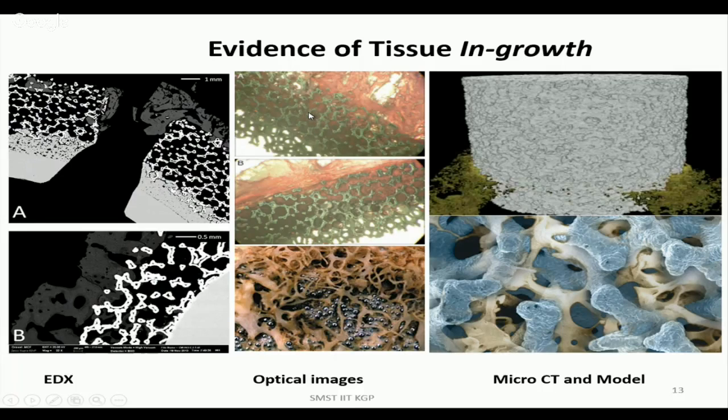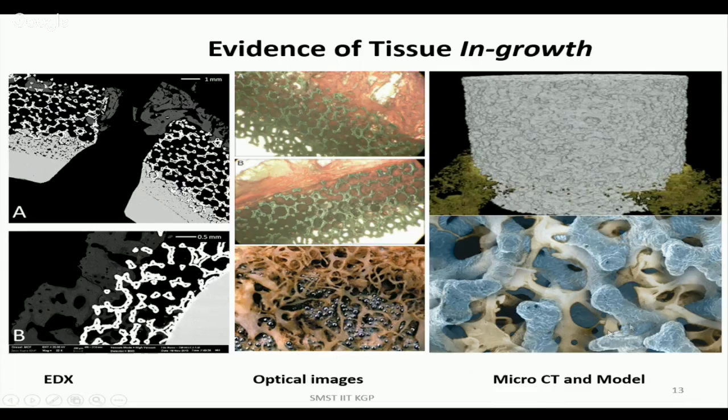This is from the Zimmer database, and you can see from the optical image what bone looks like on top of porous metal, and this is a micro CT of the interface where you can see bone and implant have very nice intercalation. That is important for longer survival of the implants.